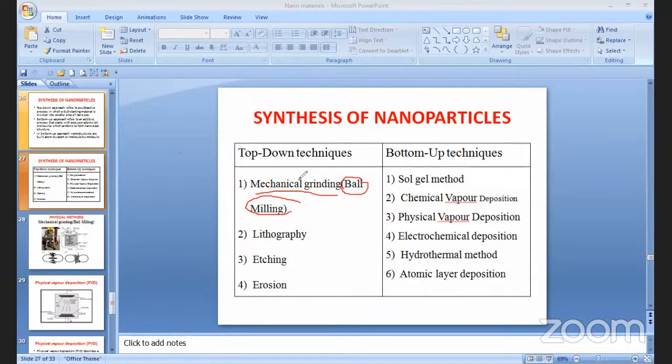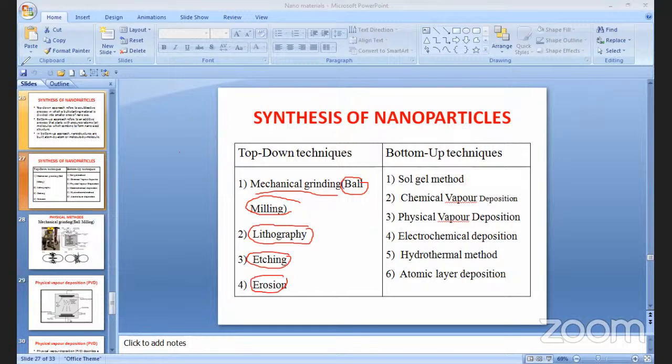This comes under the top-down technique, and we also have lithography, as well as the etching technique or erosion technique. All these come under the top-down technique.